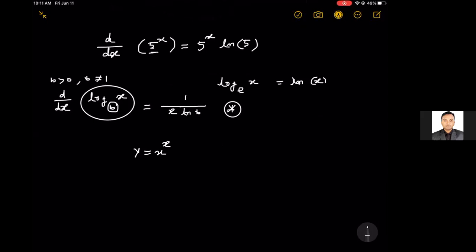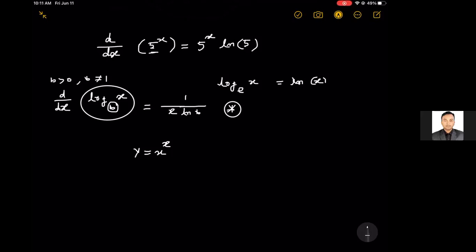Anyone? Can you imagine anything? Wouldn't that be like an exponential growth then? In a sense, because it's x to the power of x, so depending on what your x is, you're exponentially growing.